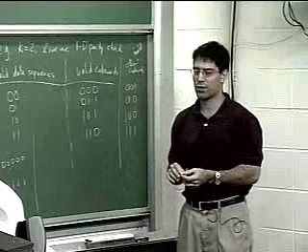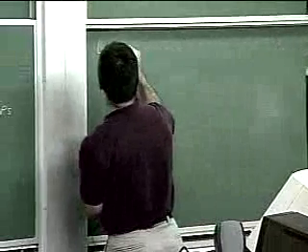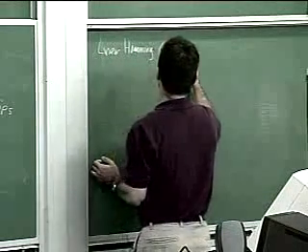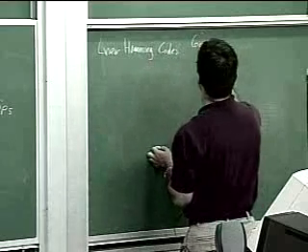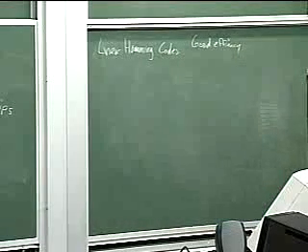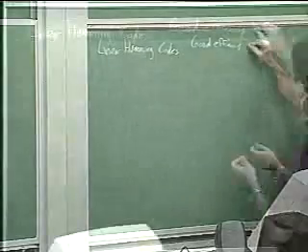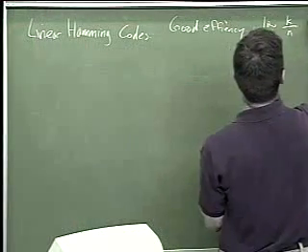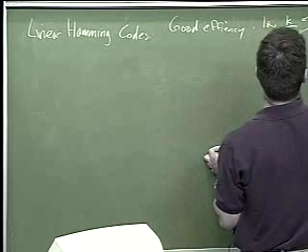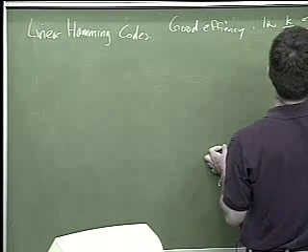Okay. Now we're going to move on to linear Hamming codes. Now you know what Hamming means. So what you want is good efficiency. Everybody remember what efficiency means? It's basically k over n, where k is the number of data bits, and n is the total number of bits to send k data bits.